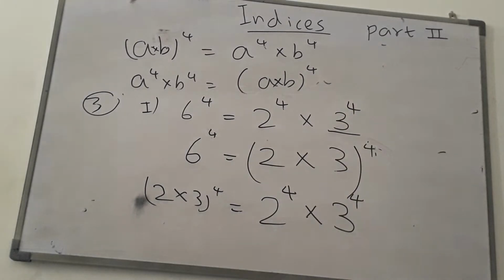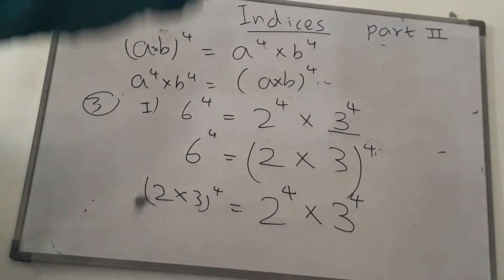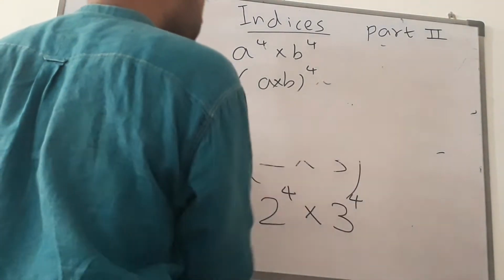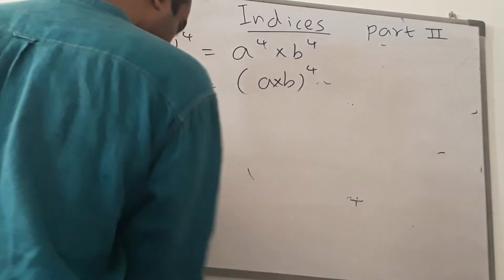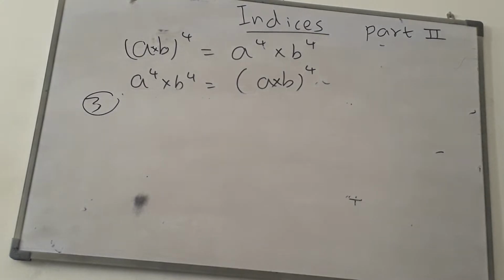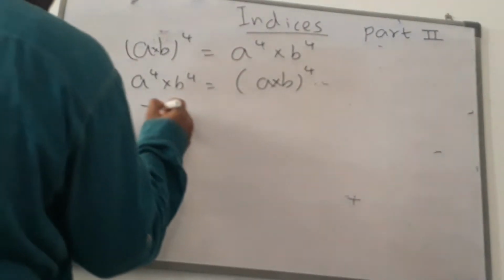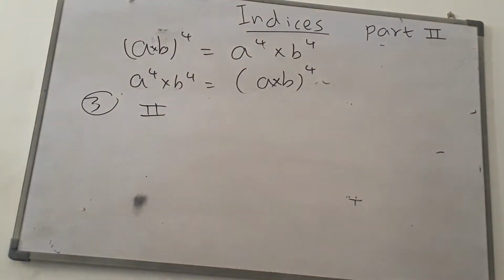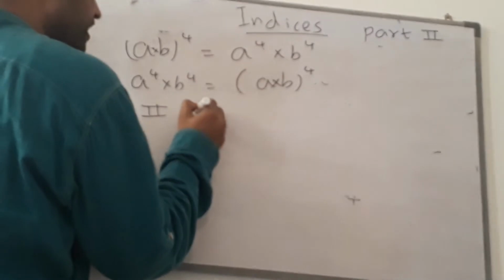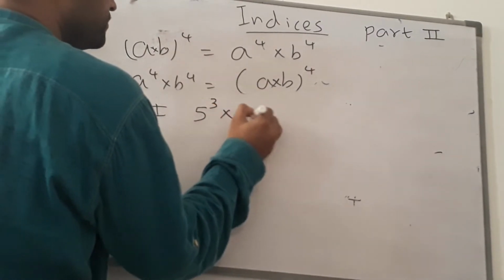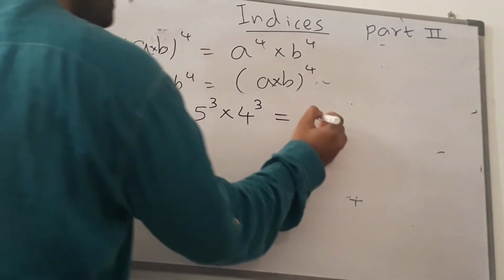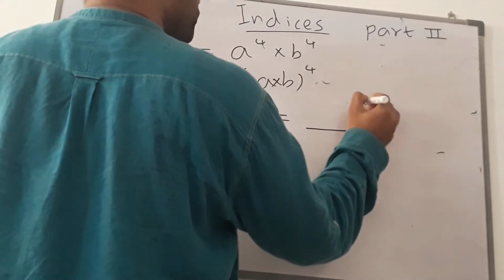Okay. Under this, our second question is: 5 to the power 3 times 4 to the power 3 equals something to the power 3.